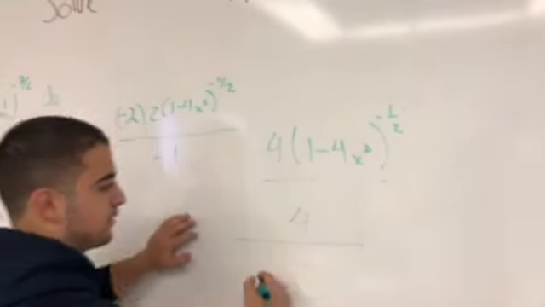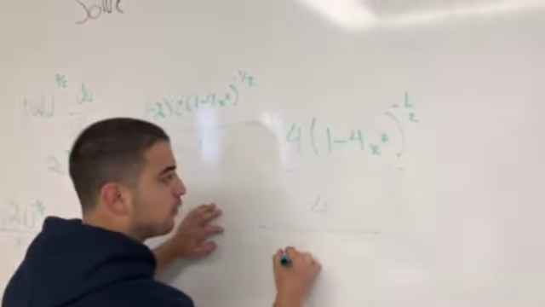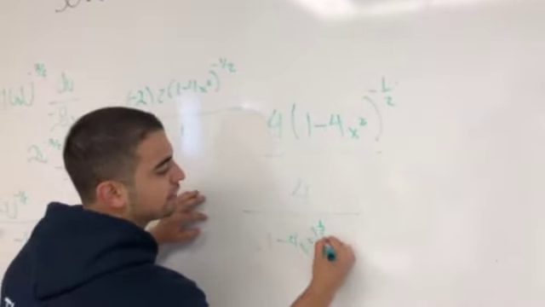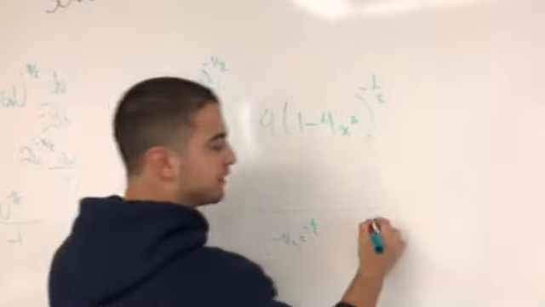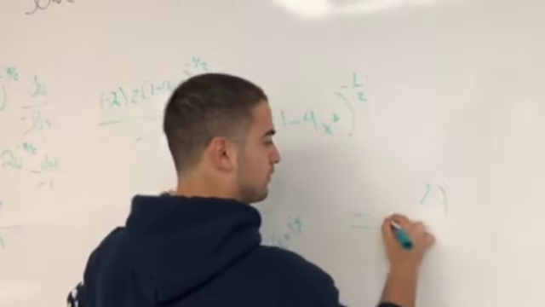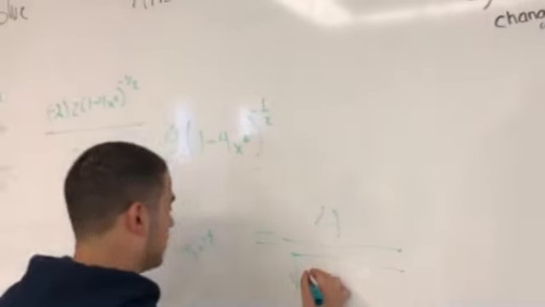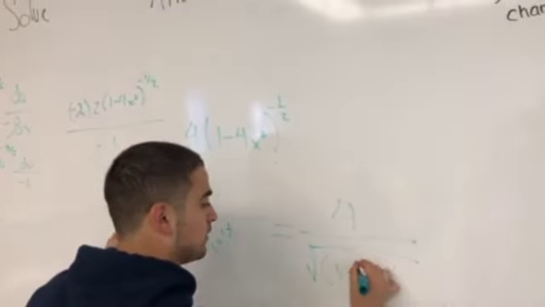So we put 1 minus 4x squared over 1 half. And 1 half means square root of the binomial.